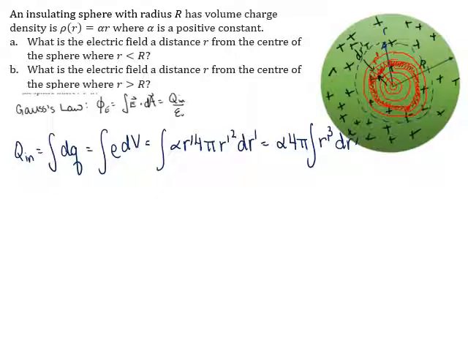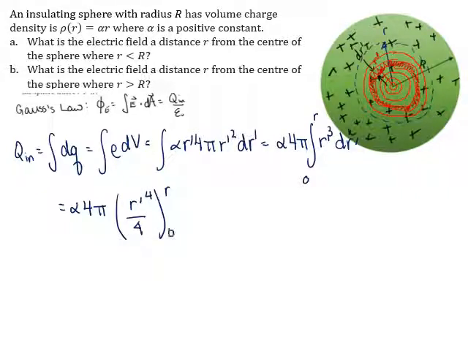Okay, this is an integral we know how to evaluate, but first we should put our limits on. So we want to add up all the charges on all the little shells. So we'll start at the beginning where r primed equals 0, and we'll stop when we get to the surface of our Gaussian sphere where r primed equals r, 0 to r. So this is equal to alpha times 4 times pi. The integral of r primed cubed is r primed to the power of 4 divided by 4.